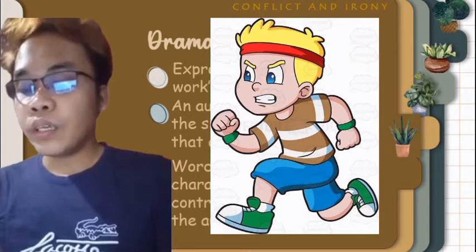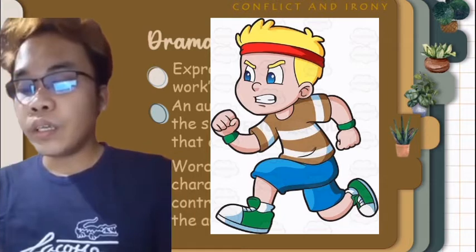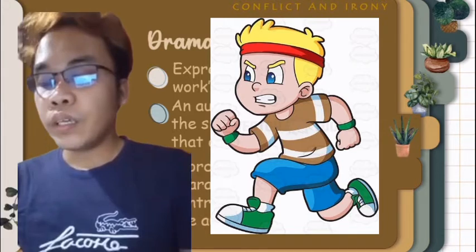So in that particular situation, we know that Kyle cheated in the race, but the character in the story, in that particular event, still thinks that Kyle is the fastest kid.